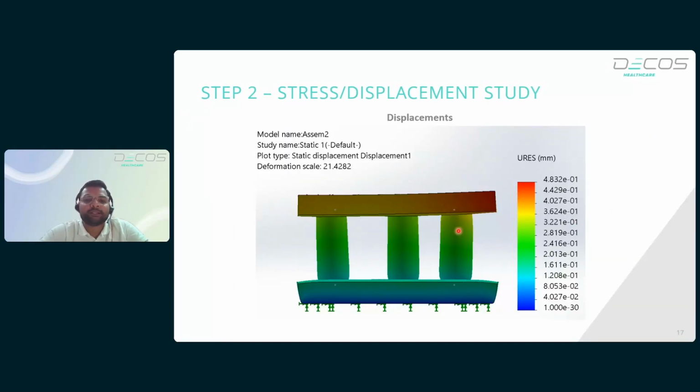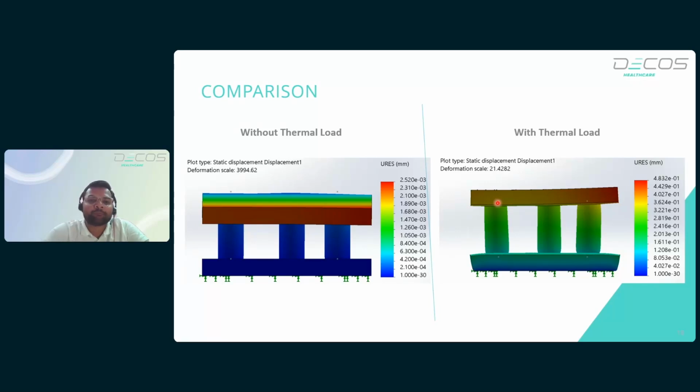Now, let's see if we impose the temperature difference with a 500 Newton load, the deformation increases to 0.4, right? There is a significant increase from 0.002 to 0.4. So this shows you how elevated temperature can particularly affect the strength of a material, even at a very small load of 500 Newton.